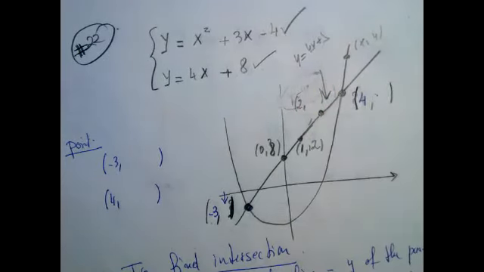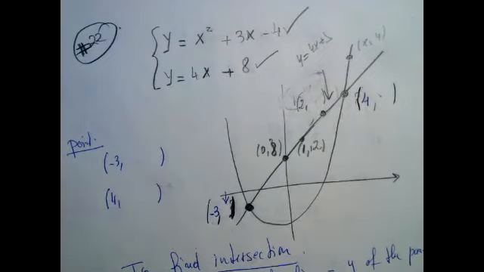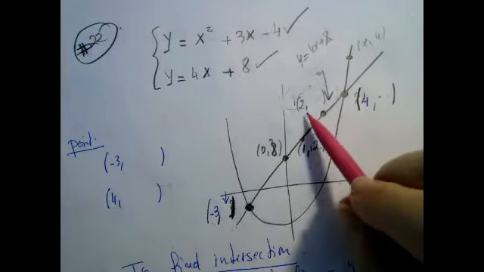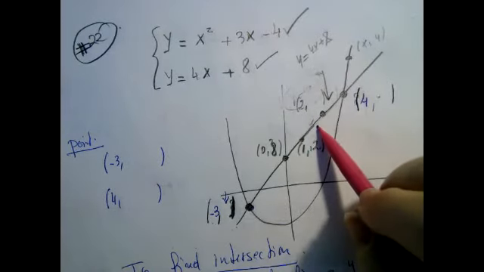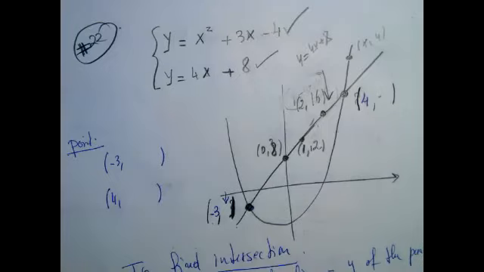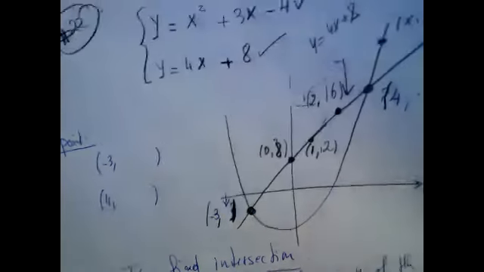Can you give me the second coordinate? That's my question. It would be 16, because you plug in 2 for x. Exactly. So I'm going to give you 16. Very good.